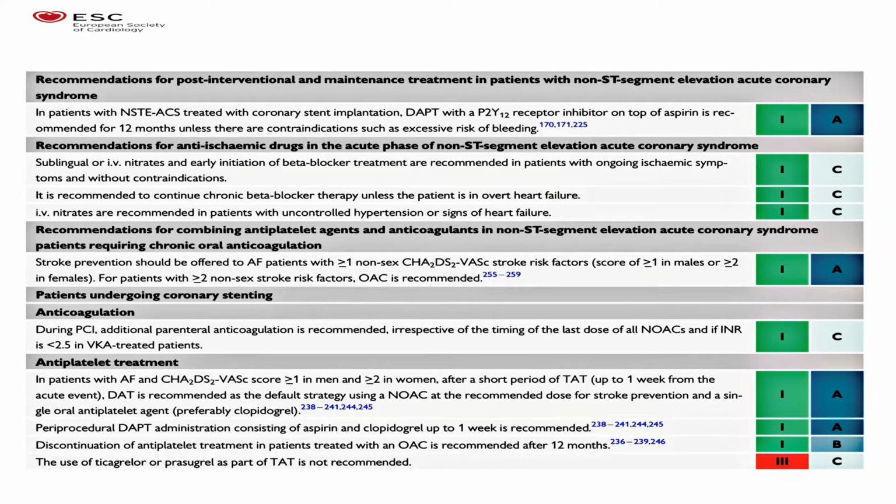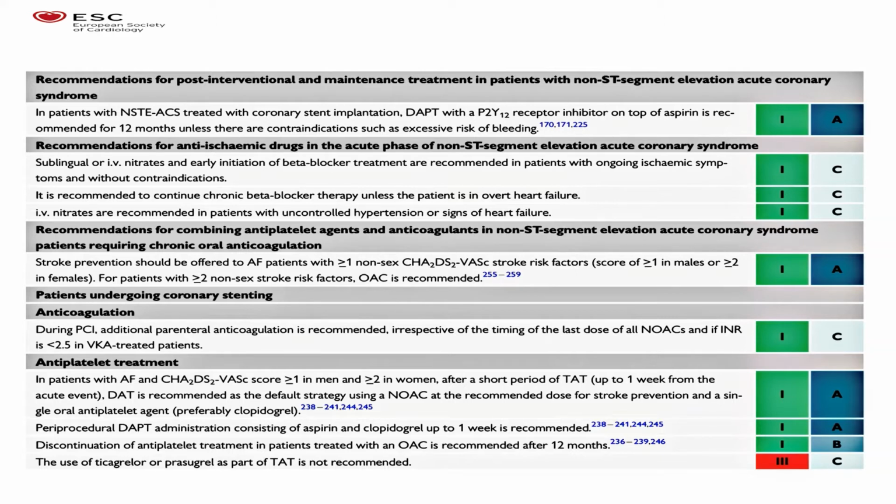Stroke prevention should be offered to AF patients with greater than or equal to 1 non-sex CHA2DS2-VASc stroke risk factors, score of greater than or equal to 1 in males or greater than or equal to 2 in females. For patients with greater than or equal to 2 non-sex stroke risk factors, oral anticoagulation is recommended. Class 1 Level A. Patients undergoing coronary stenting.